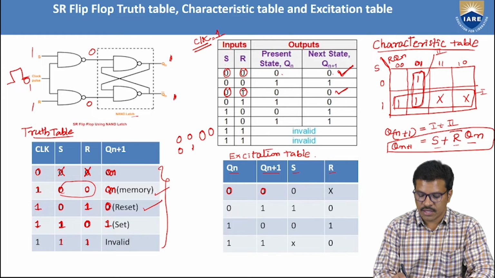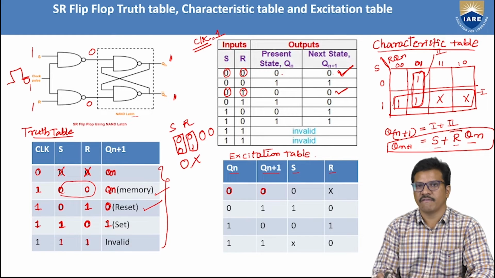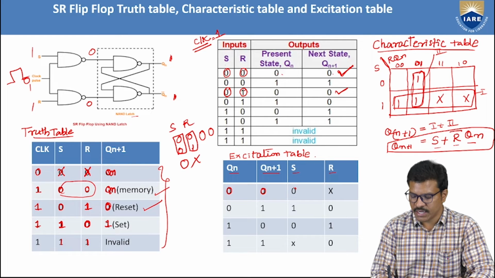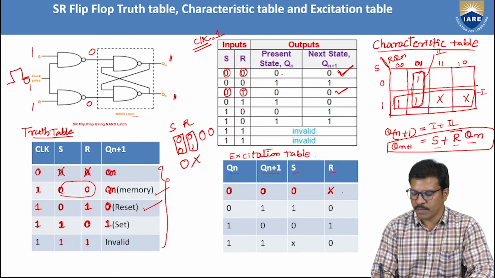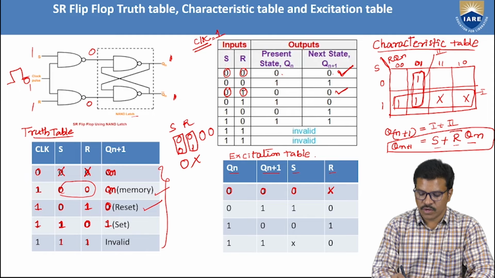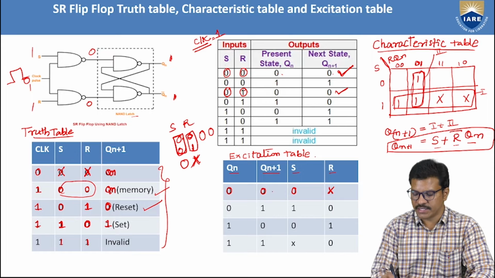So this can be represented by a constant representation of S and a don't care for R, which means S is 0, R don't care, whatever the R is. It will change from 0 to 1, so this can be represented by don't care. S is constant for the two cases, so that's why I am taking S equal to 0.